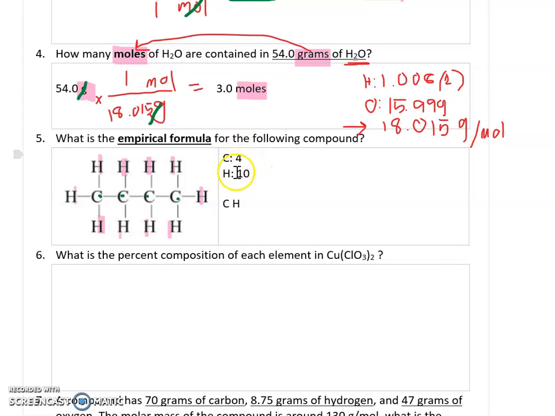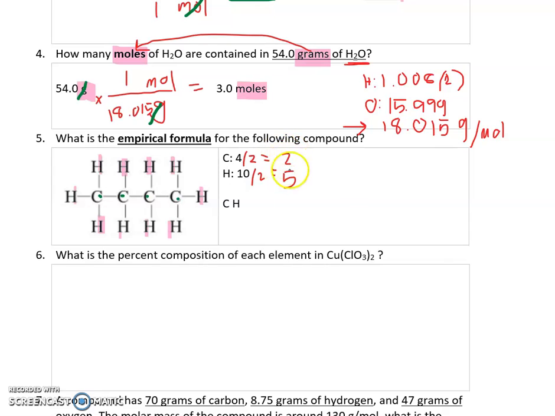I can still get this down to a lower ratio if I divide by 2. So if I take the 4 and I divide that by 2, and I take the 10 and I divide that by 2, that is going to equal 2, and my H's are going to equal 10 divided by 2 is 5.